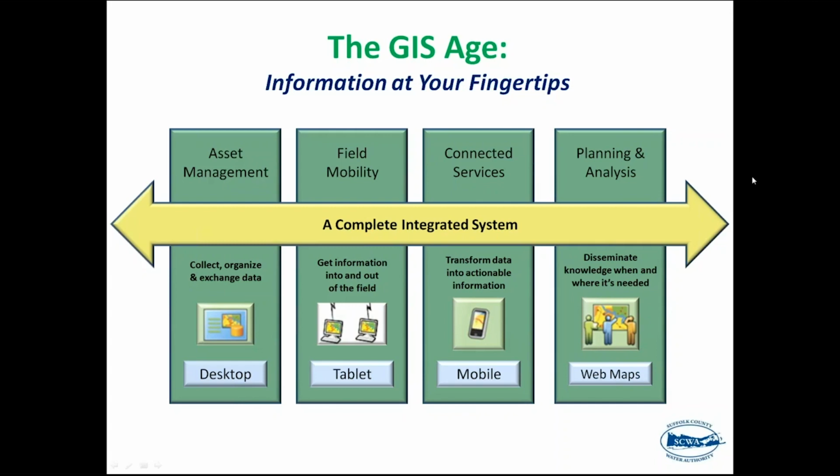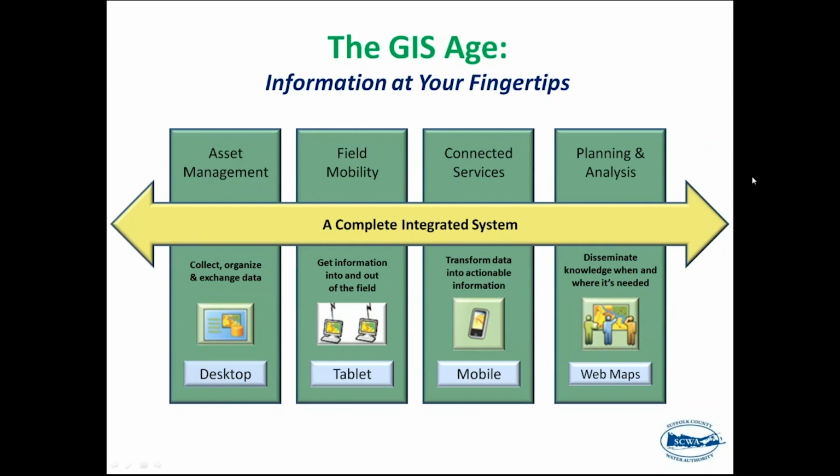And along the top, it has that classic Esri look to this slide, but we made a little bit of a change to it to be pertinent to what we're showing here. So we see asset management and field mobility and our connected services and our planning and analysis.